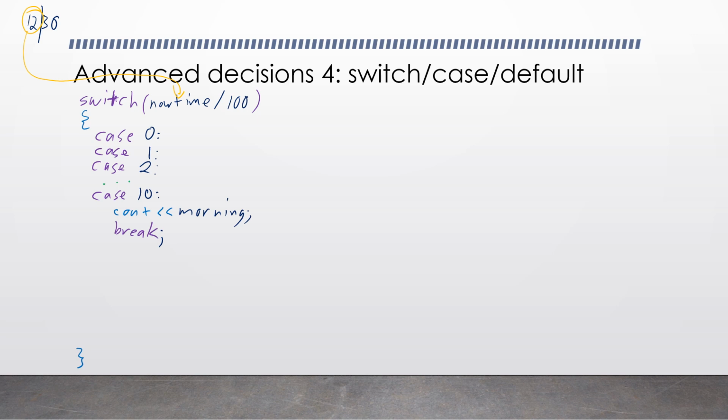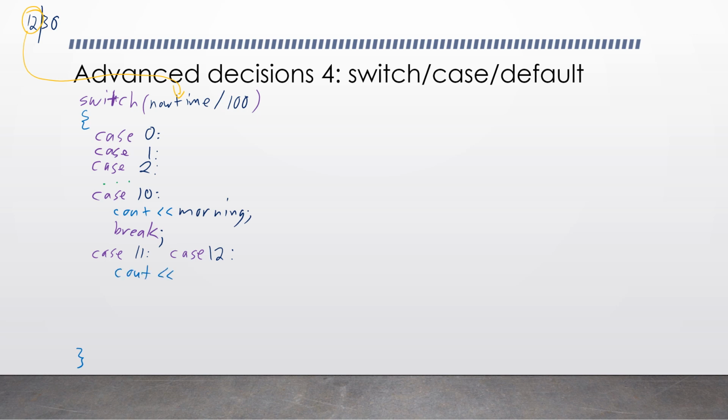Now, proper style has the cases stacked like I've just shown it here, but you can also stick them all in one line. Case 11, double space, case 12. So that groups 11 to noon and noon to 1 into one group.